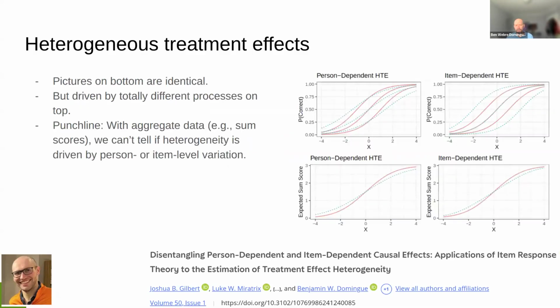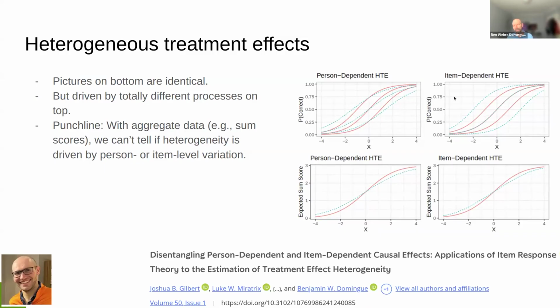But what we have realized is that you have to be quite careful when treatment effects are being determined by psychometric outcomes. So here's an example where we have heterogeneous treatment effects in both of these panels. And the issue is that they're driven by two totally different processes. On the left here, we have a scenario wherein people are differentially susceptible to treatment.